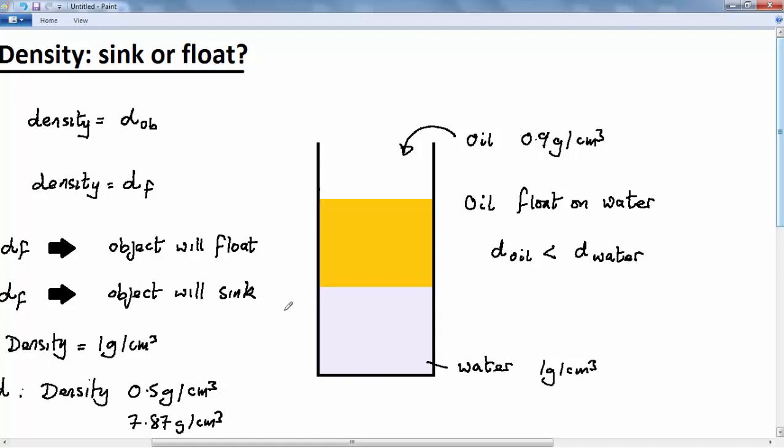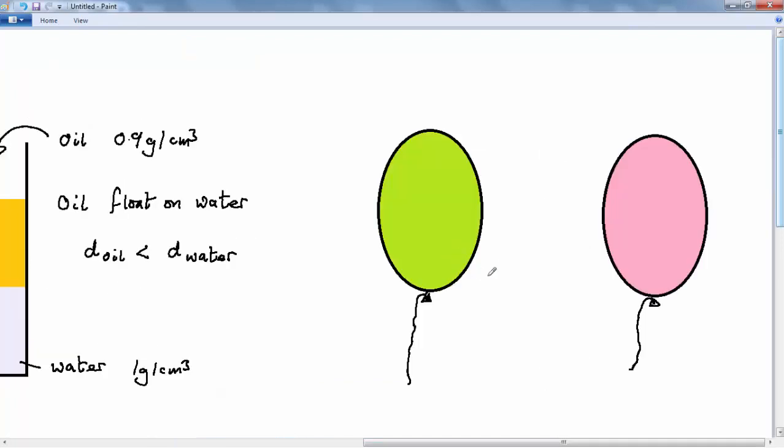A fluid is not necessarily a liquid. Fluids can also be gases. So imagine we're holding 2 balloons, and in one balloon we've got carbon dioxide gas, and in the other balloon we've got helium gas, and these balloons are at the moment being held in air.